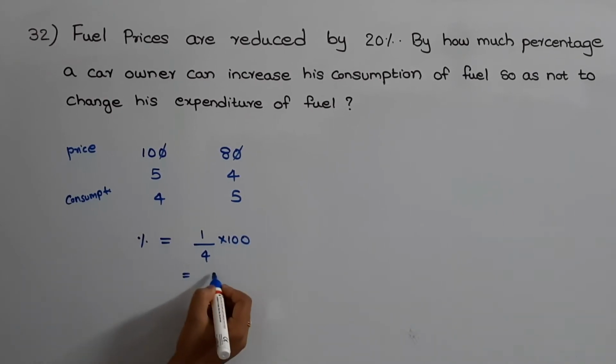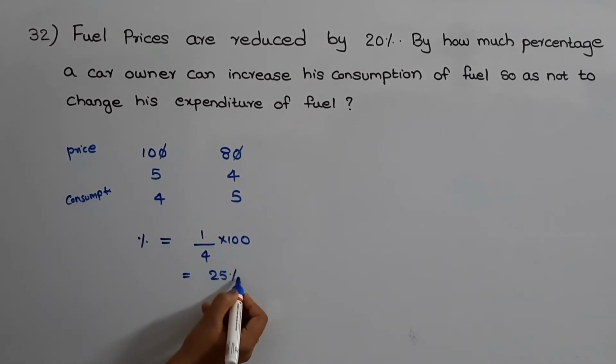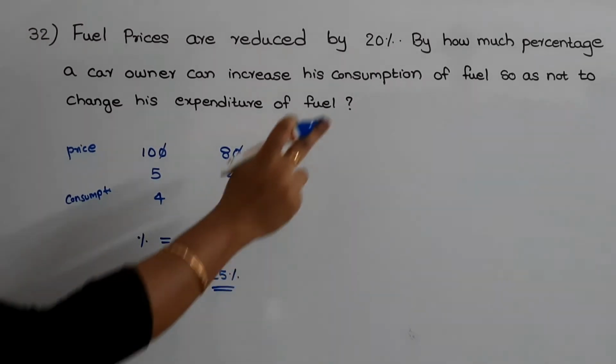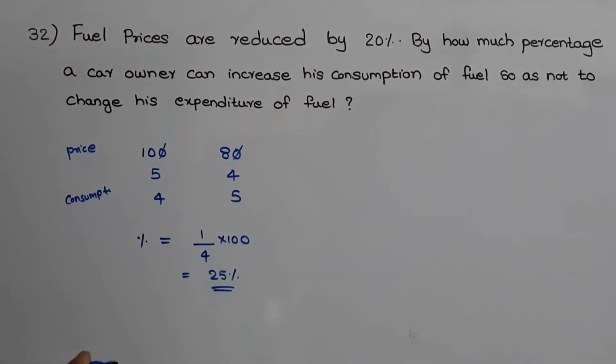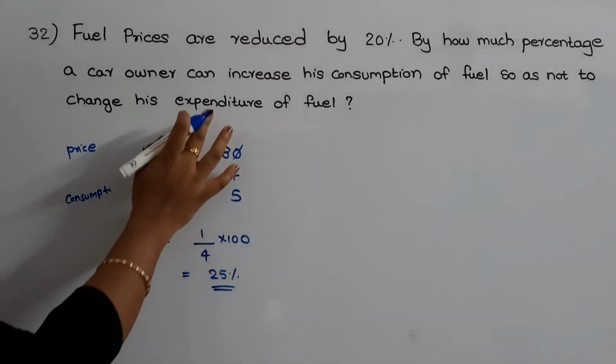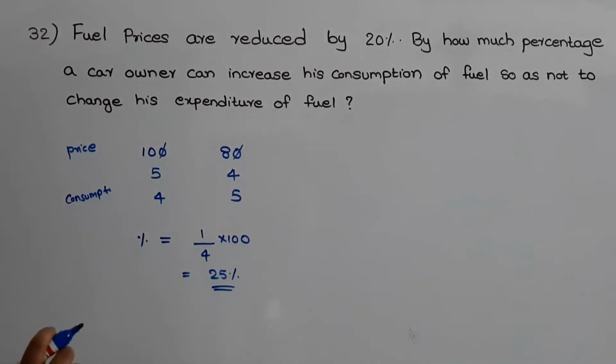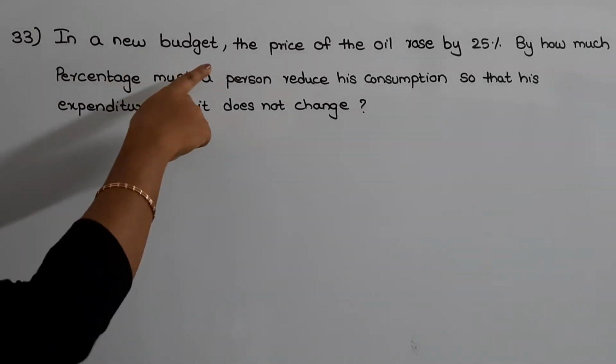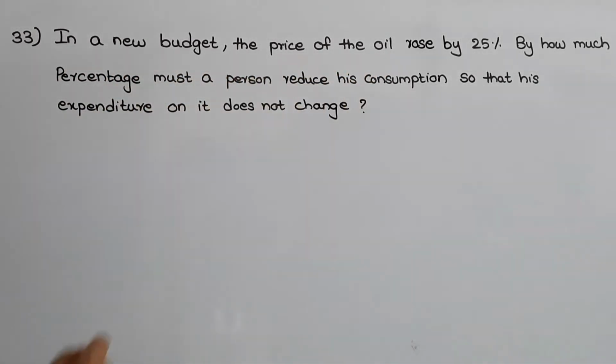So this will be equal to 25%. So the car owner should increase the consumption of the fuel by 25% so as to keep the expenditure constant.